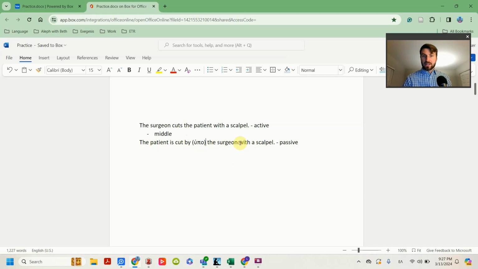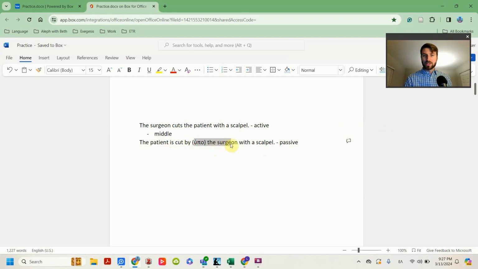And then here, with a scalpel, this is the means or the instrument which the agent uses to cut the patient. Okay?